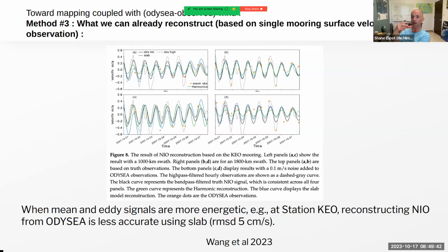The slab layer model works very well in some instances, but it's not physically based, like the instantaneous transfer of momentum throughout the water column. If you go to a physically based model, then you have more free parameters, and you need to be able to pick them. It's a bit tricky to decide which they should be. That's my view on it. But they could be controlled with Odyssey-like observations, we could imagine.